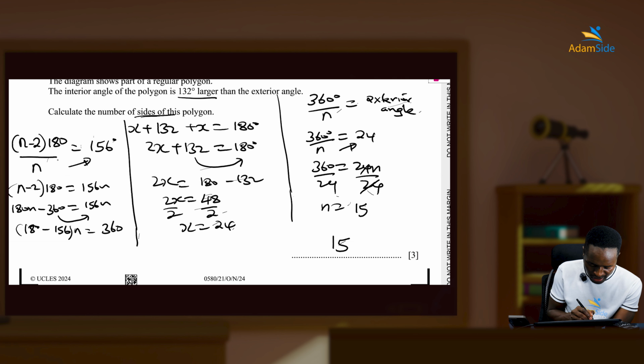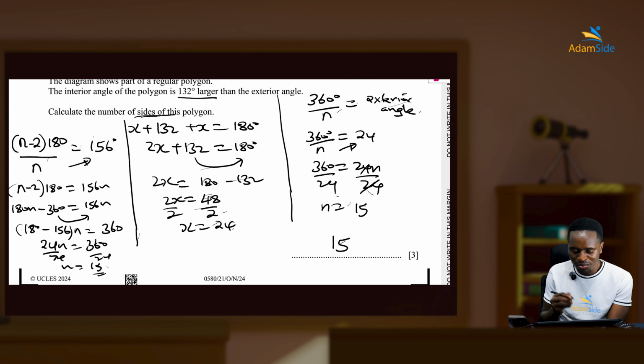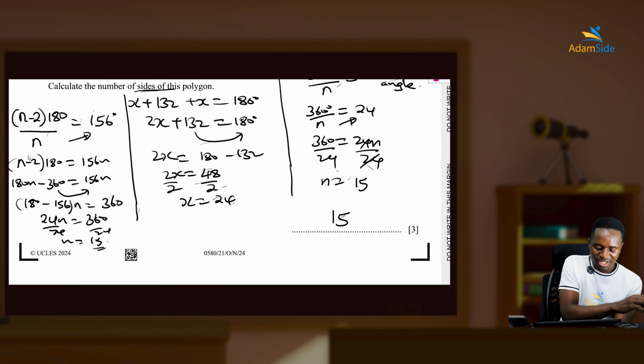When you do the subtraction, 180 minus 156, you get 24n is equal to 360. Then divide by 24, and n is equal to 15. So you can use both formulas and still get the correct answer.